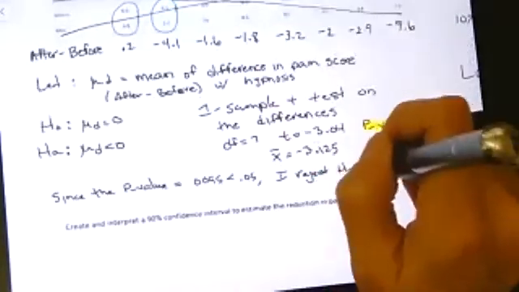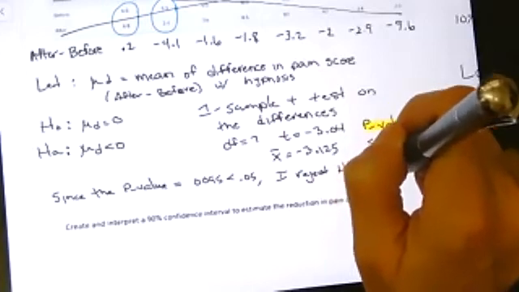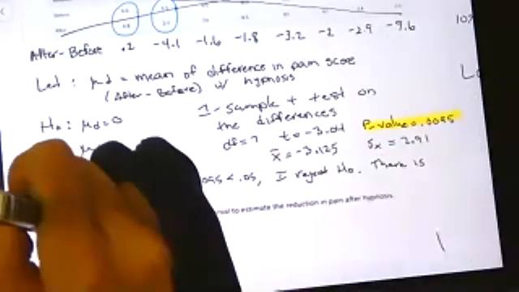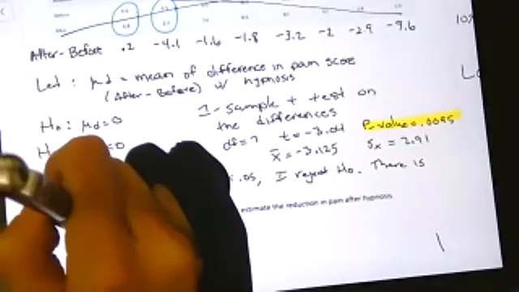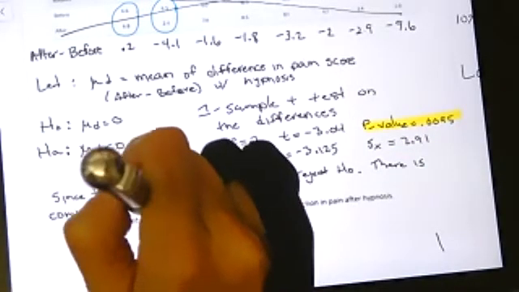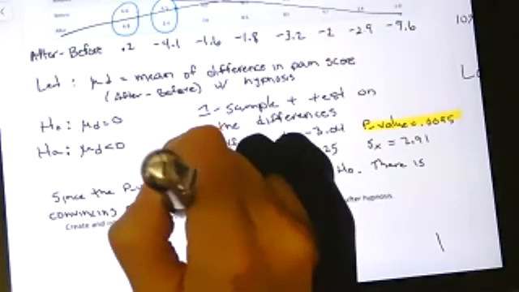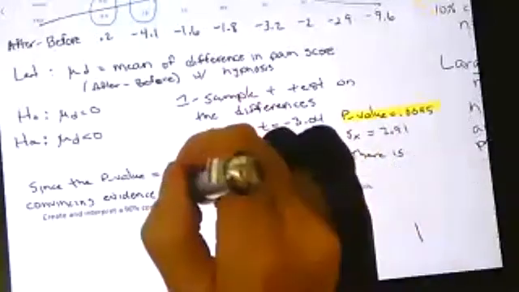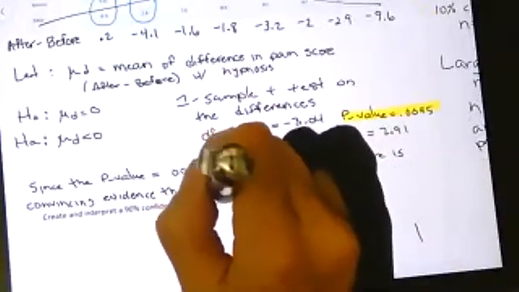Okay, so there is convincing evidence that, and what is it called again? Sensory measurements. That's pain measurements.